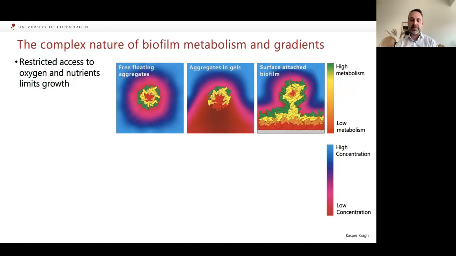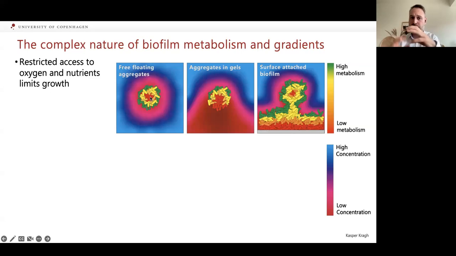So me and Mads Lichtenberg have been working on some models to visualize all these gradients and different growth rates. How do we think it is in these aggregates? A free-floating aggregate, an aggregate that's just floating in a liquid, would have gradients towards it because they're taking up the media. But most of the gradients would be internal inside of the aggregates.